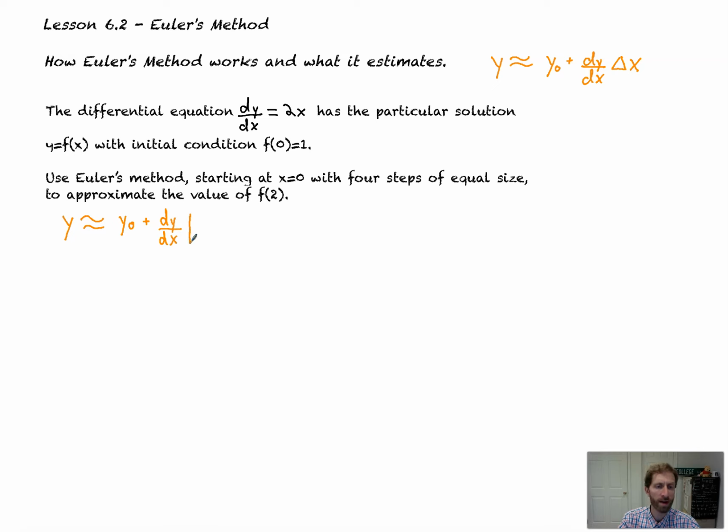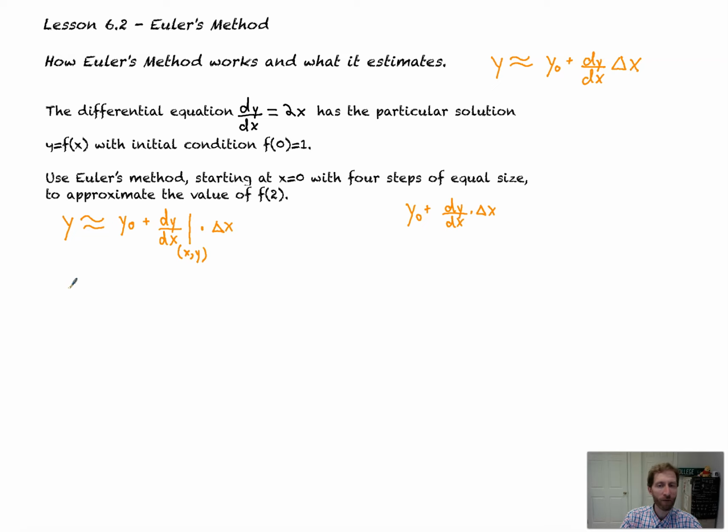So I'm going to put a line there that says evaluated at some value (x, y) at the point, times delta x. And if you think about this, this is the same as saying the initial y value plus the slope times the change in x, or b plus m times x. Almost. It's more like point-slope form. So let's dive into it and use it.